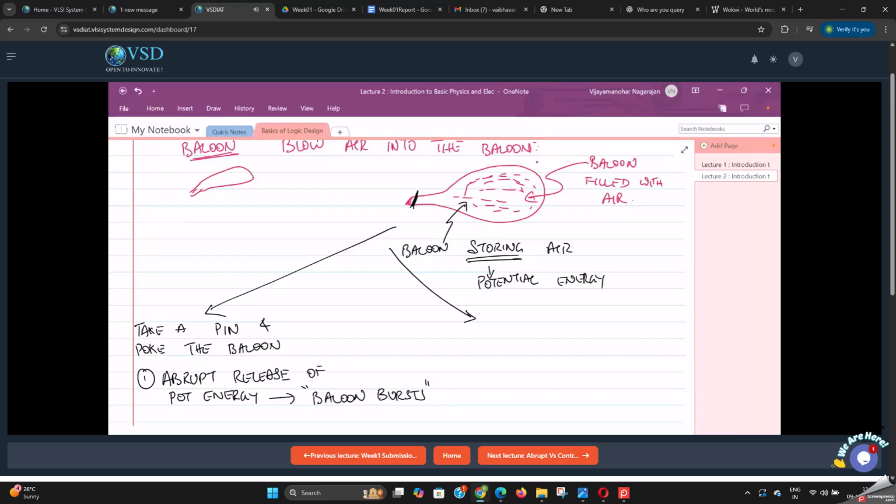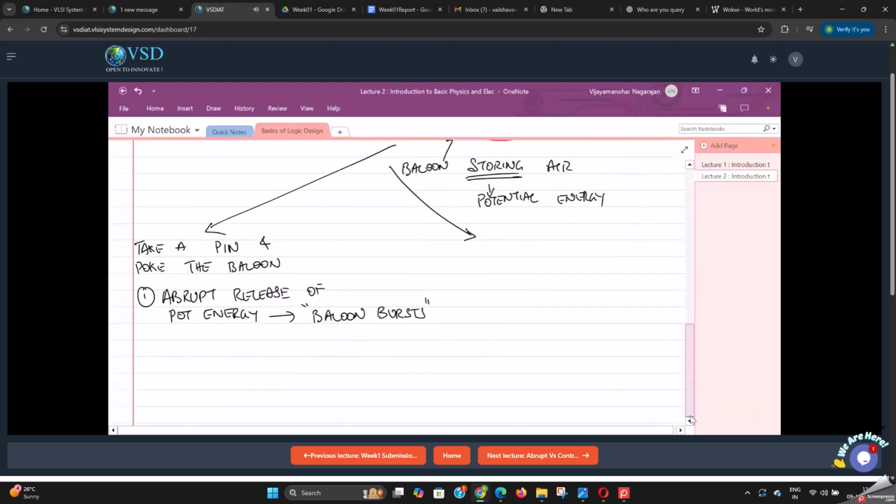When you prick it, the entire air inside the balloon comes out in one shot. So the balloon bursts open.